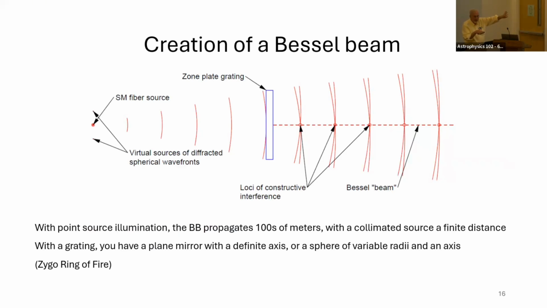But in fact, this is just two-dimensional. The whole thing rotates, so your source essentially looks like an annulus after it's gone through the grating. Or if you're looking back into the grating, it appears that the source is an annulus.